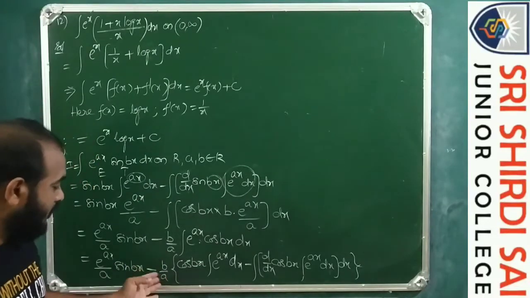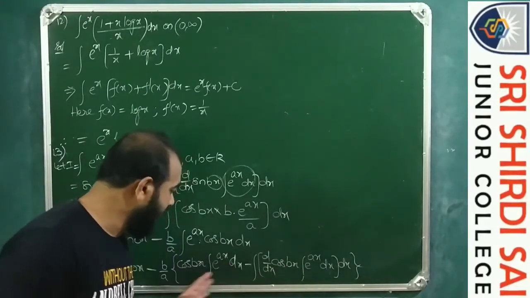So b by a is getting multiplied as a whole, and b by a is being multiplied with all these terms, right?